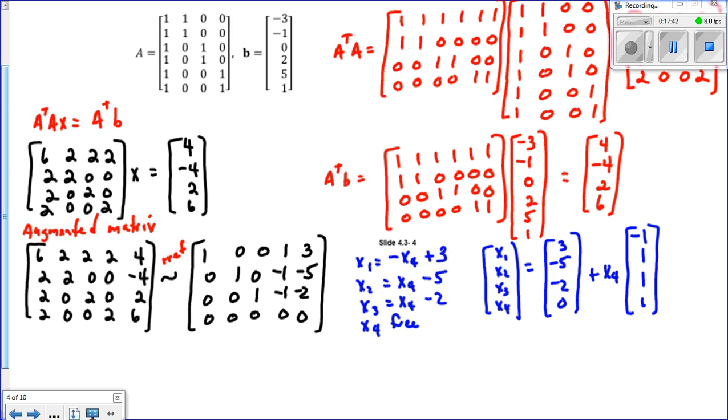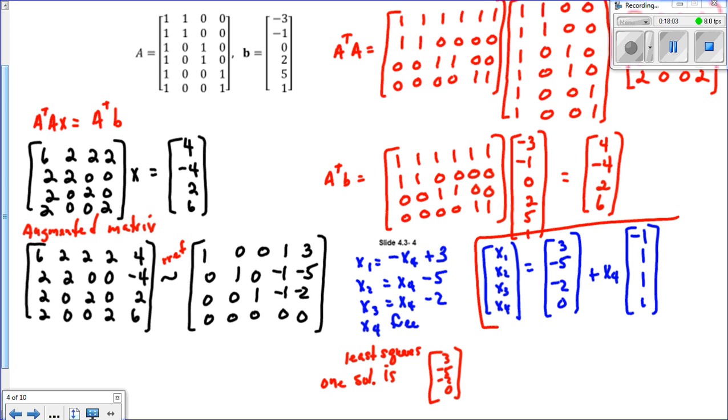So one least square solution, not a solution, is just 3, negative 5, negative 2, 0. And then plus any multiple of the other. Okay, so this is the form of all the least square solutions.